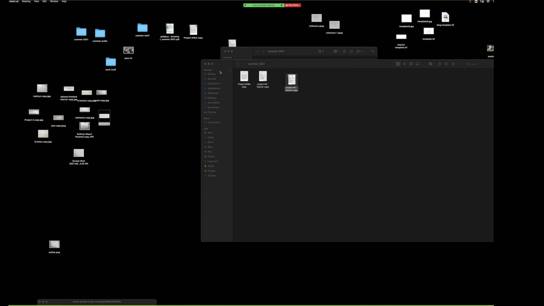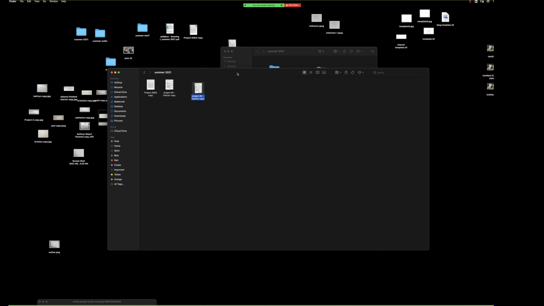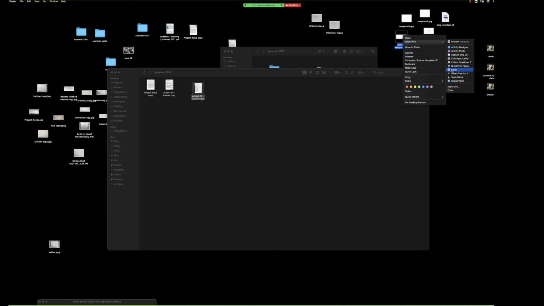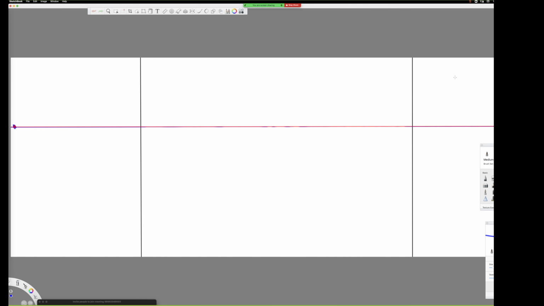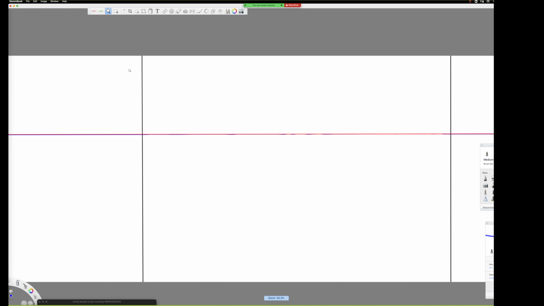So now let's get going with the drawing here. I'm going to walk you through how to make the drawing. It's just going to be a corner of the room.